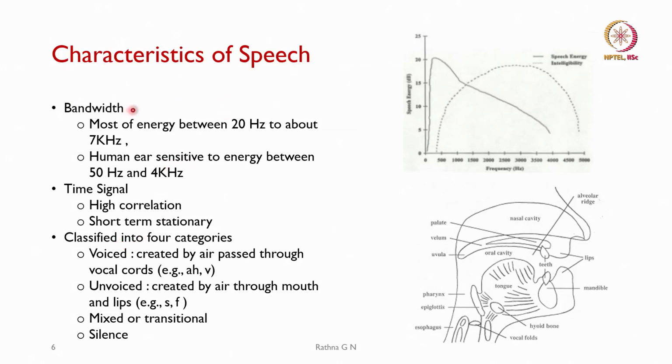What are the characteristics of speech? In terms of bandwidth, most of the energy is between 20 hertz and about 7 kilohertz. And we know that the human ear is sensitive to energy between 50 hertz and 4 kilohertz. That is the reason why earlier narrowband speech used an 8 kilohertz sampling rate.